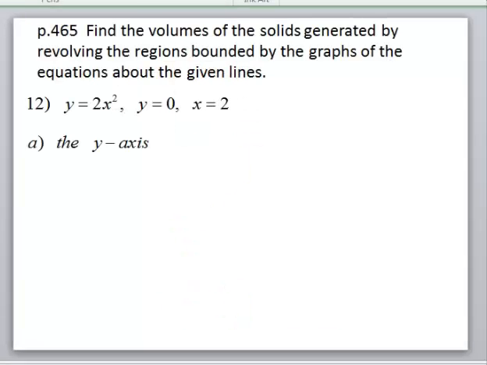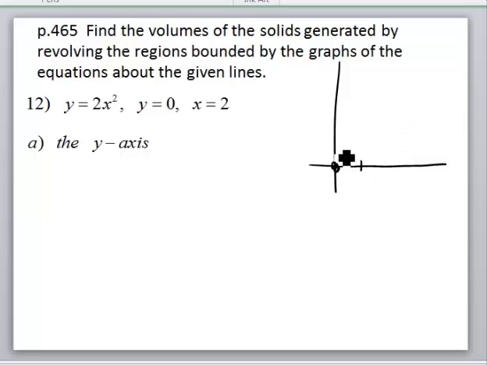Alright, in the first problems we're going to do, we're going to find the volumes of areas, and we're given nothing, so we're going to have to draw a picture. What we know is that we're going to have a graph, and it's going to be a parabola, and it's going to cross at 0, 0.